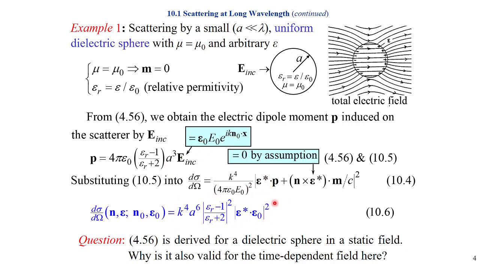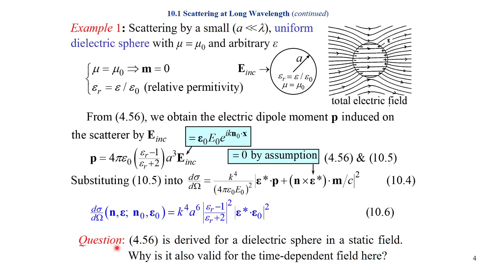Oh, so the differential cross section becomes very simple. Proportional to k to the 4th and a to the 6th, proportional to this one squared, and also depends on this one. So such a complicated definition of differential cross section becomes a very simple one. Therefore, we like it very much.